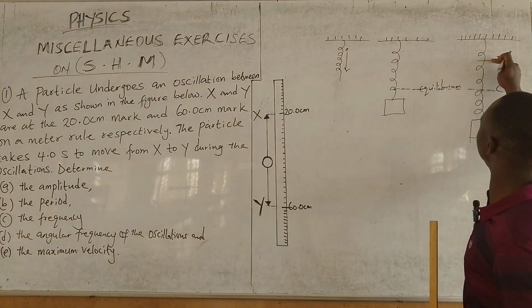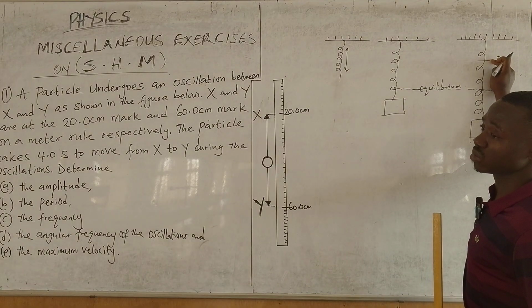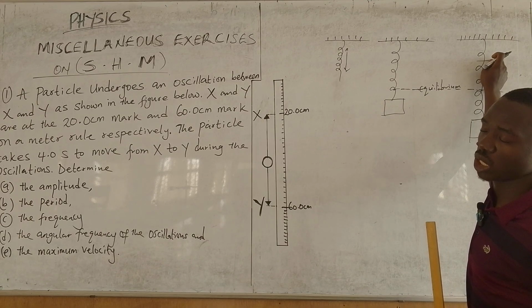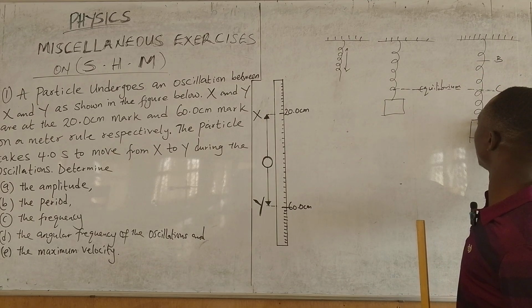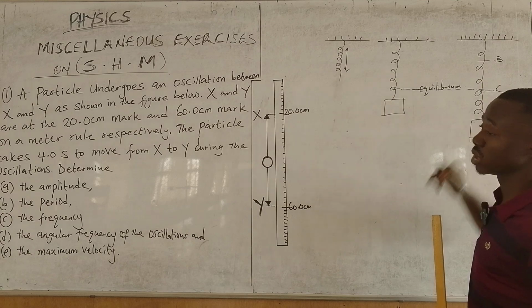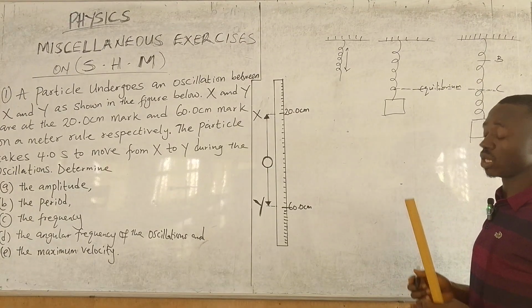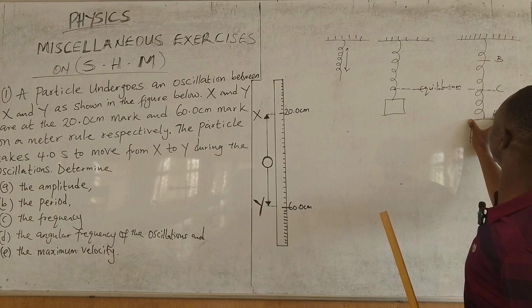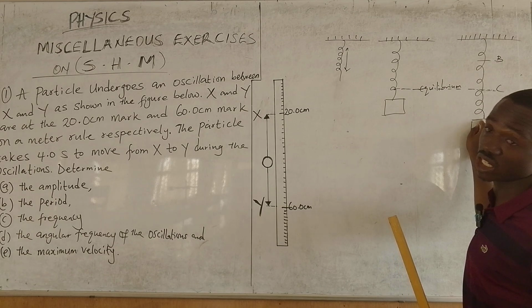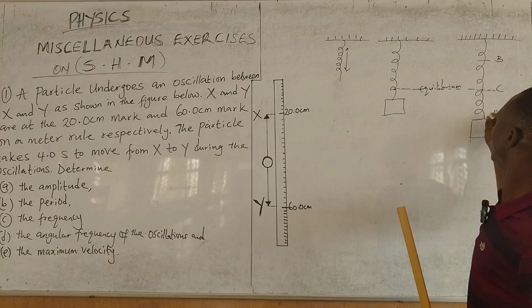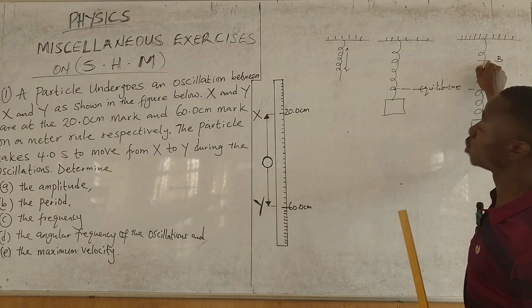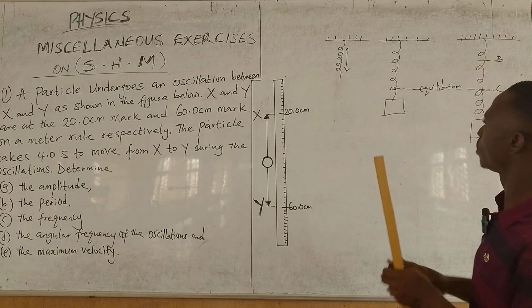Then from C to B is also the maximum upward displacement, which is also our amplitude. There's no way this mass will go below point A. Even during oscillation, it must not go below point A and it must not go above point B.